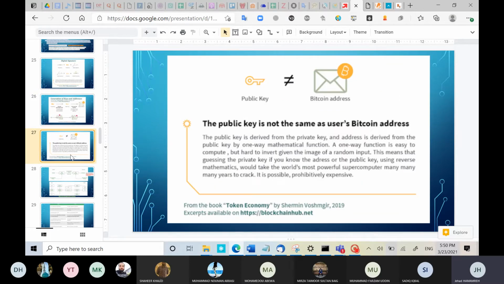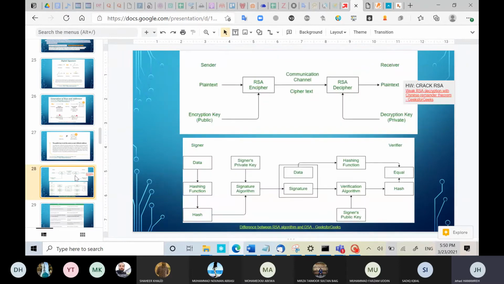Another thing: the public key is not the same as the user's Bitcoin address. Although the Bitcoin address is generated from the public key and is related to it, it's not the same. You cannot derive the public key from the Bitcoin address because of that mathematical function difficulty. In summary, you have the signature algorithm and the public asymmetric encryption method.